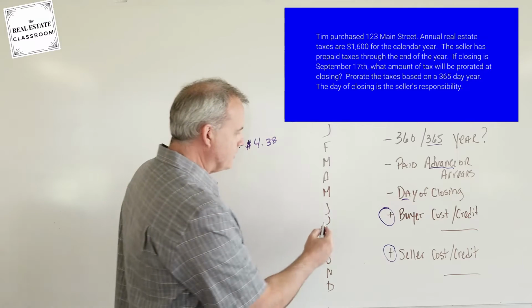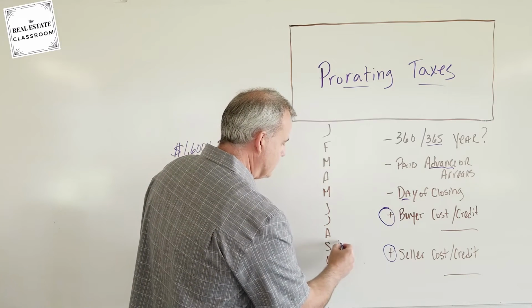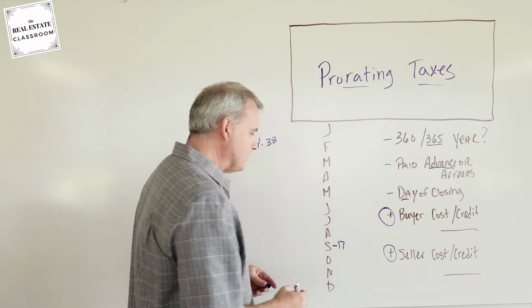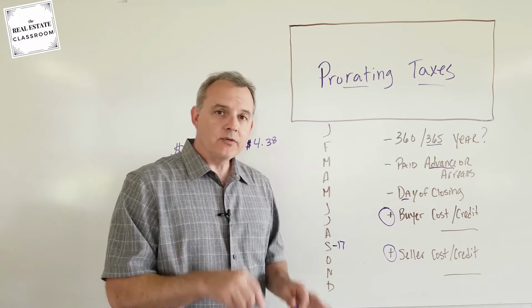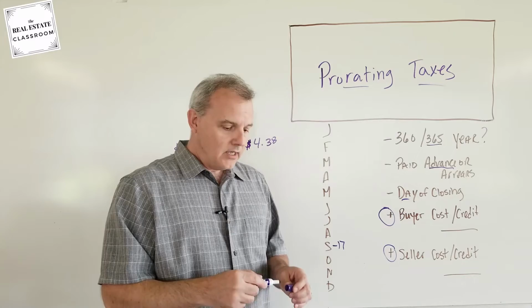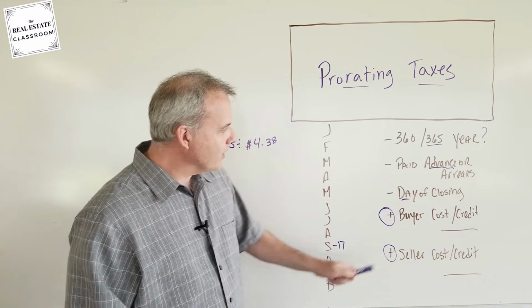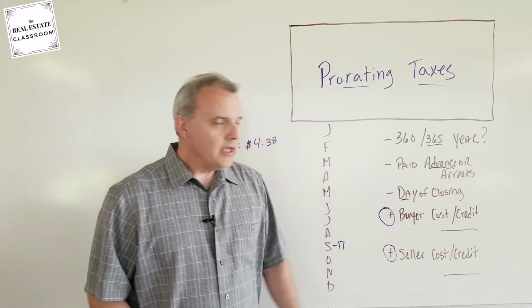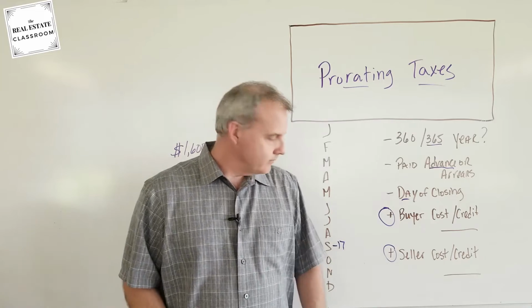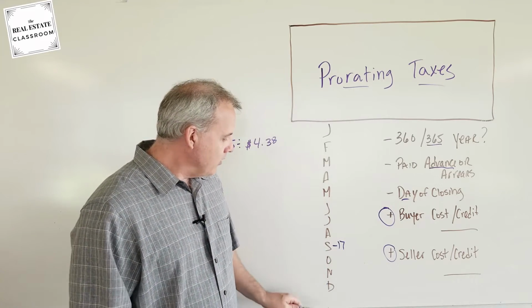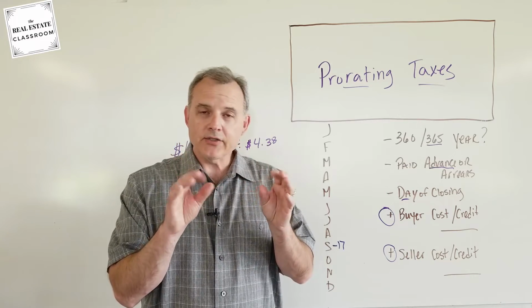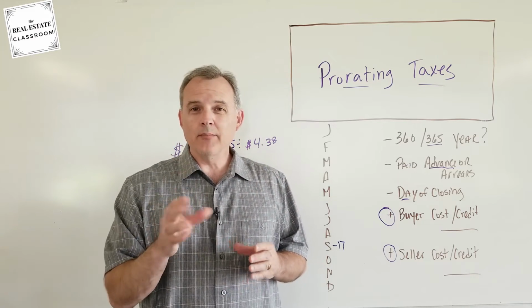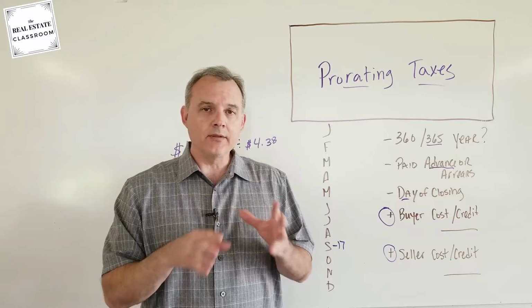Now we know that the closing is the 17th of September, and we also know that the 17th is the responsibility of the seller. So we're going to find out how much the buyer has to reimburse the seller. This is where I like to go back to kindergarten math and use our little hands to do our counting. This is really important when there's like 31 days in the month.